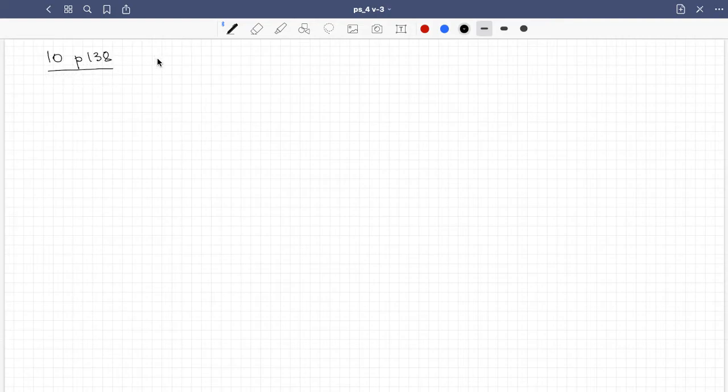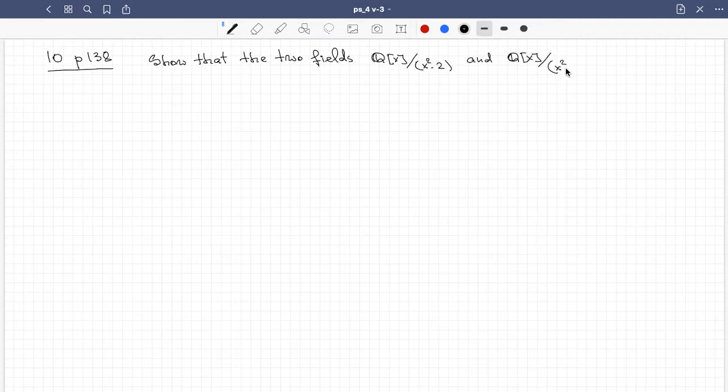The problem is to show that the two fields, Q of x factored by modulo the polynomial x squared minus 2 and Q of x modulo the polynomial x squared minus 3, are not isomorphic.